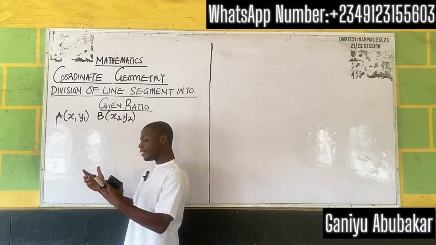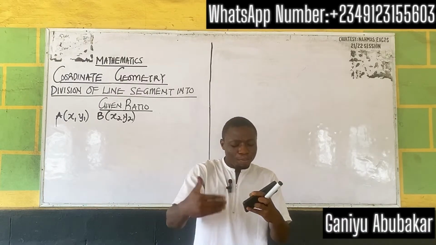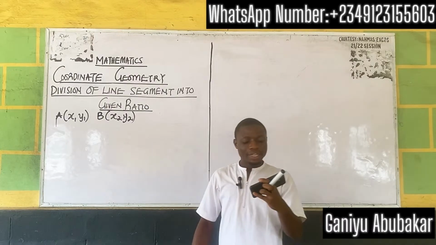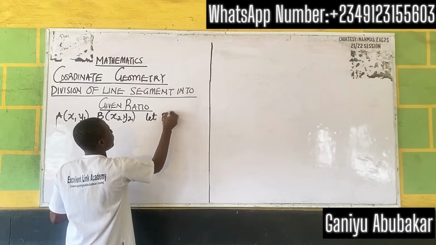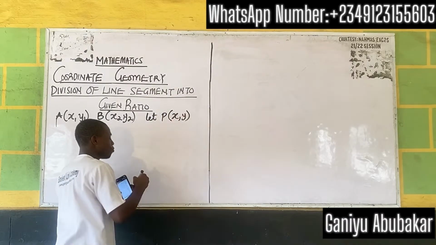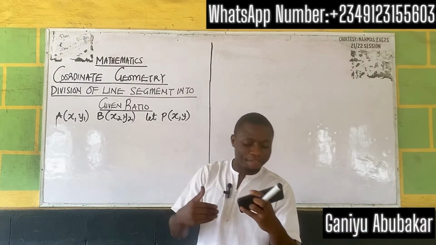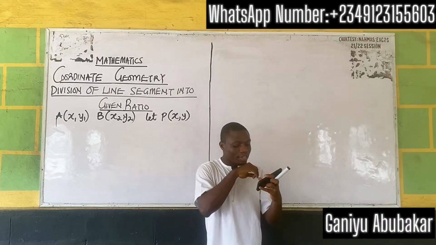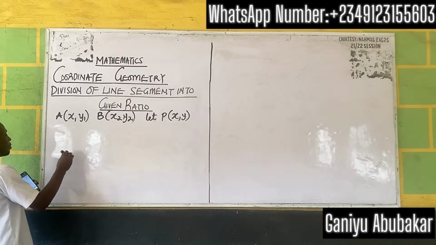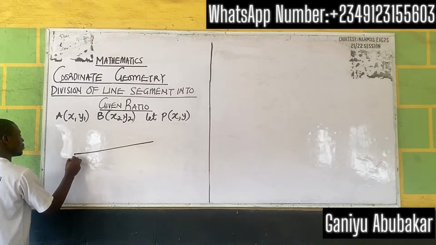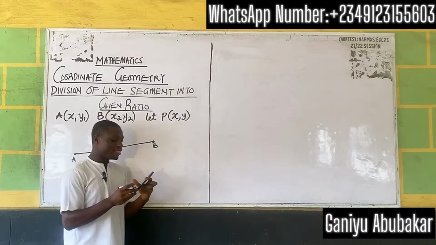And let P (x, y) be the point which divides the line segment AB internally.